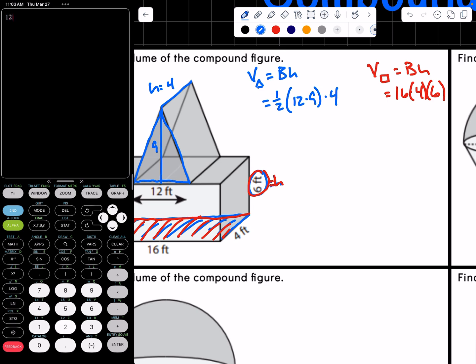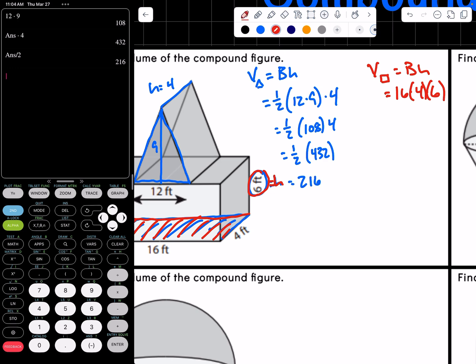Here, 12 times 9 is 108. So we've got 1/2 of 108 times 4 equals 1/2 of 432. Divide that by 2, we get 216.